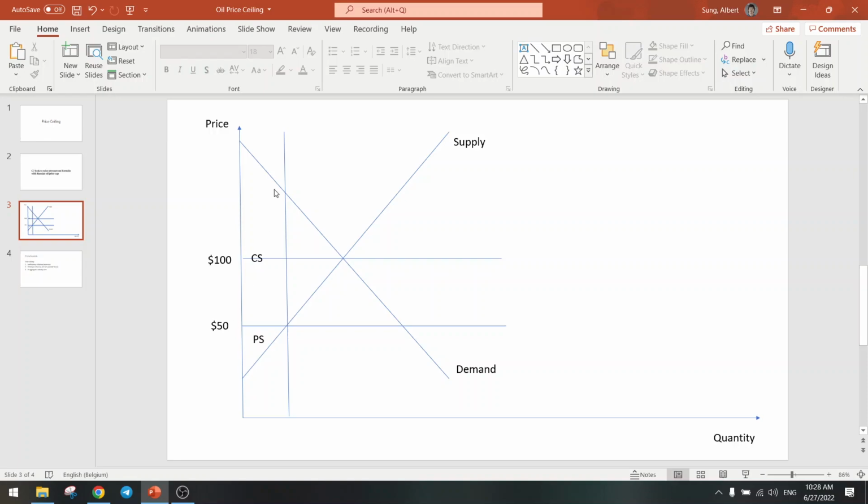Now there's a limit to this because you can keep on reducing the price ceiling. You can keep on reducing this, right?